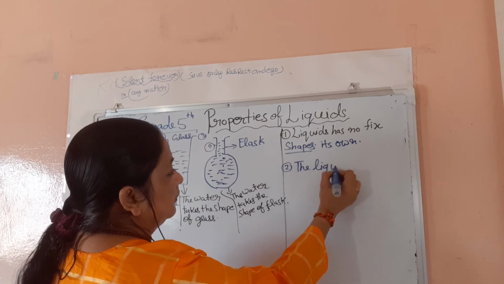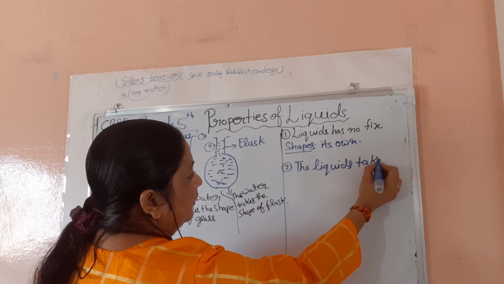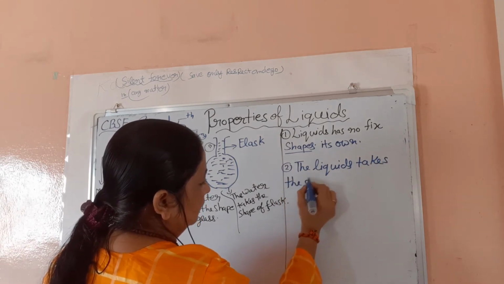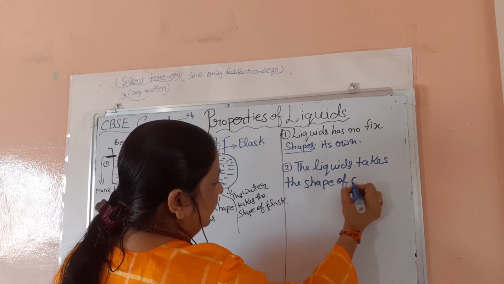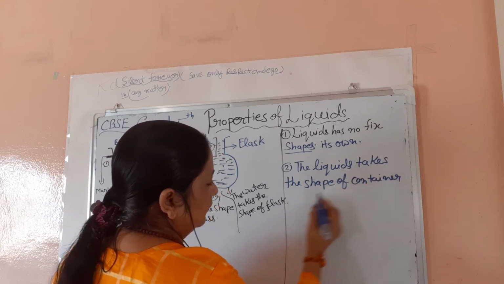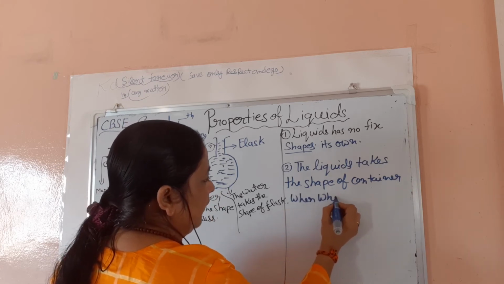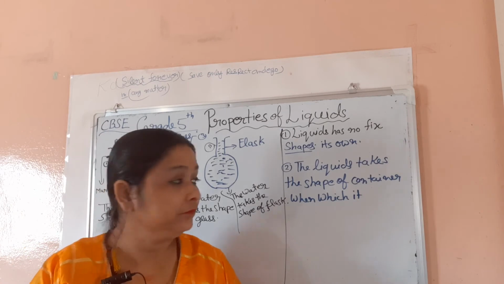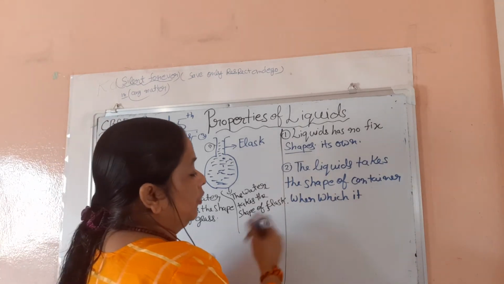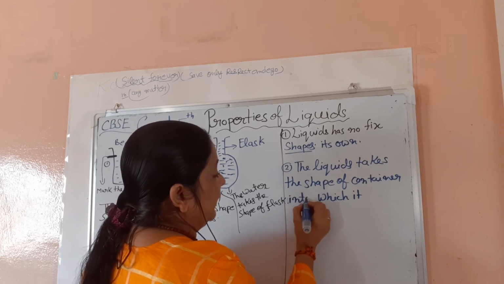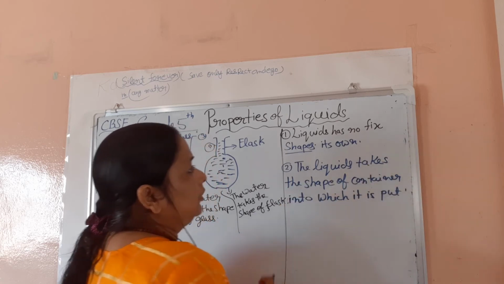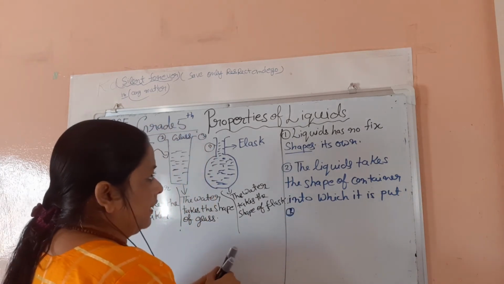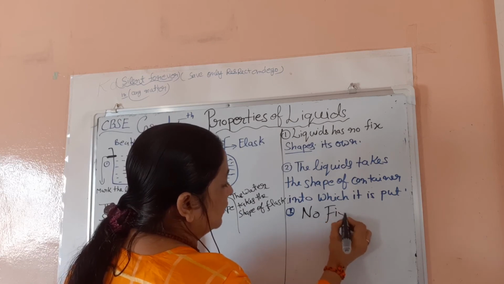So the first property is that a liquid has no fixed shape.